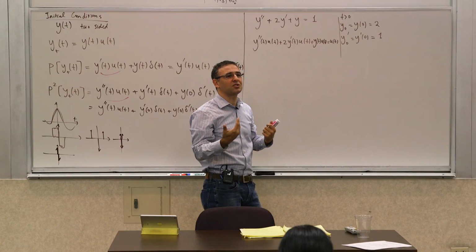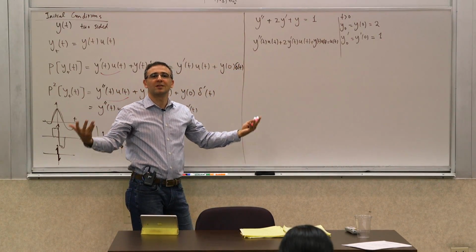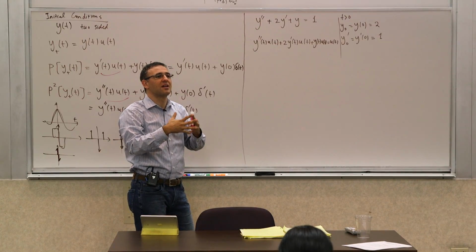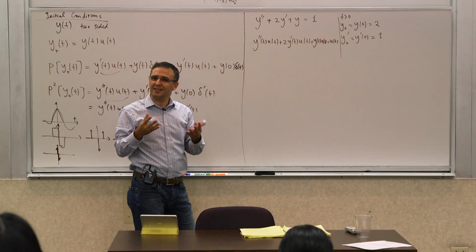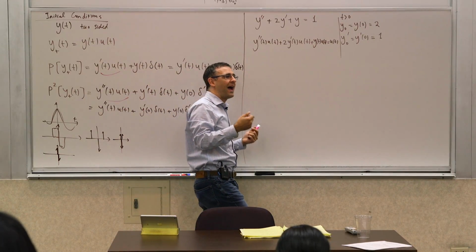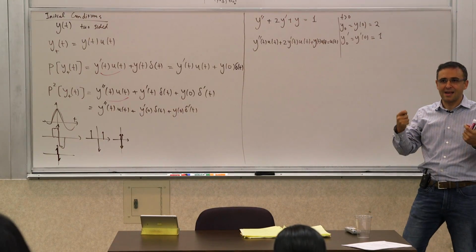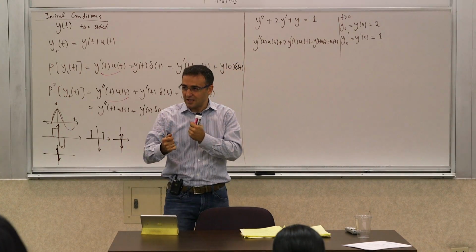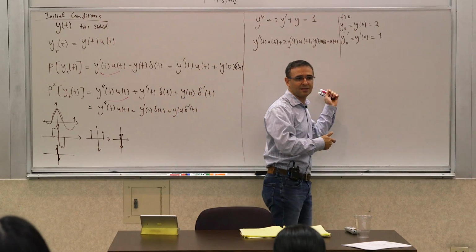So initial conditions and inputs in this viewpoint become more similar to each other. It allows you to treat the initial conditions as some sort of inputs to the system, which is not that surprising, right? Because if you have a certain set of initial conditions, you can always set up your system by hitting it with the right input. That input may be a funny input, in the sense that you may need to hit it with impulses and doublets and things of that sort.